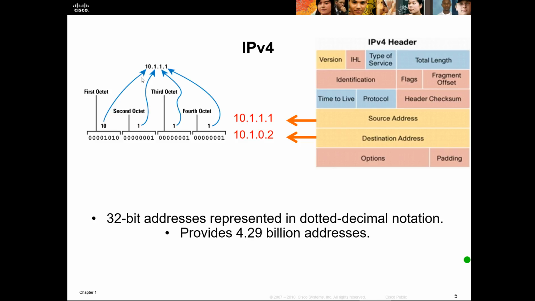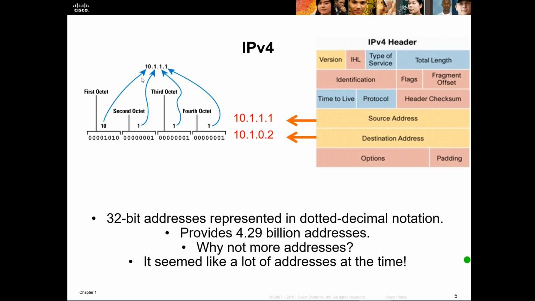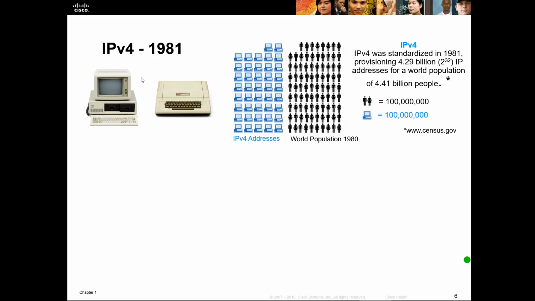With 2 to the 32 power, we get roughly 4 billion addresses. Why not more addresses? Because it seems like there's a lot of addresses, but in reality, there really isn't. IPv4 in 1981 was the standard. But realistically, with the world's population at 4.41 billion, we're equal to every address to every person.